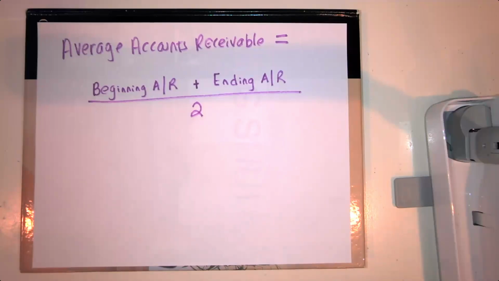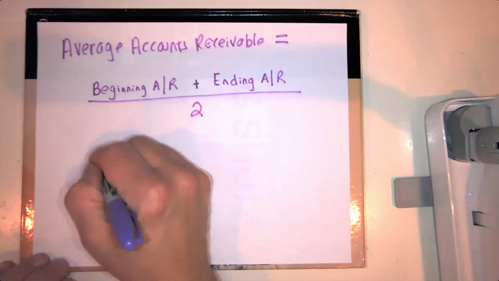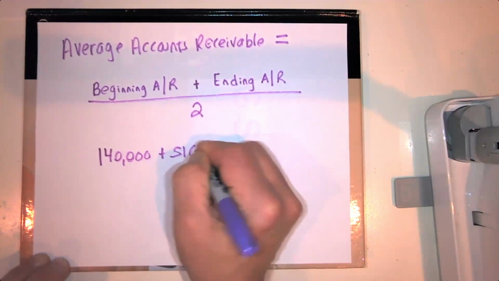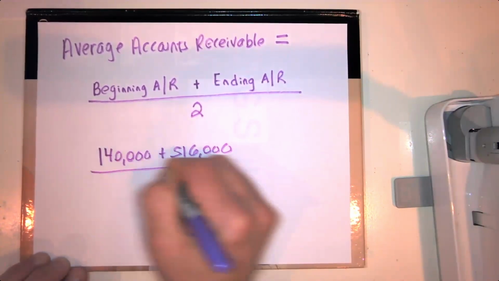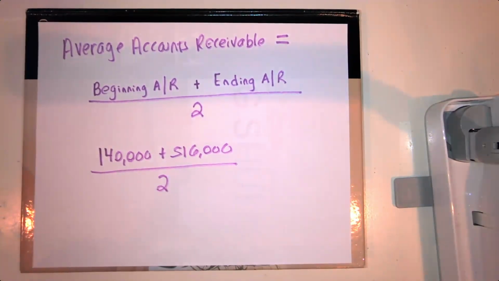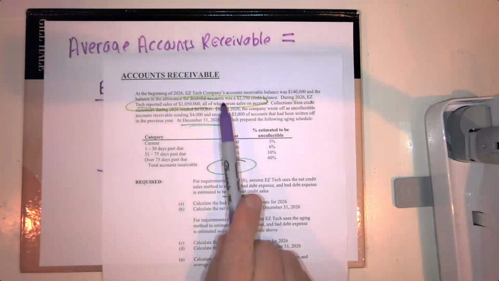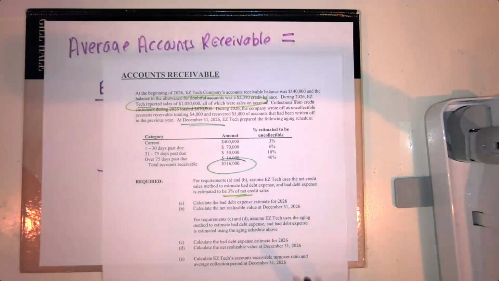Dominic, can you come back and give me the numbers? Yeah, so our beginning is 140 and our ending is 516. Great job. Excellent job. You got to mute your microphone, but well done. We know, right? The very first sentence of the problem said at the beginning of 2026, the accounts receivable was $140,000.